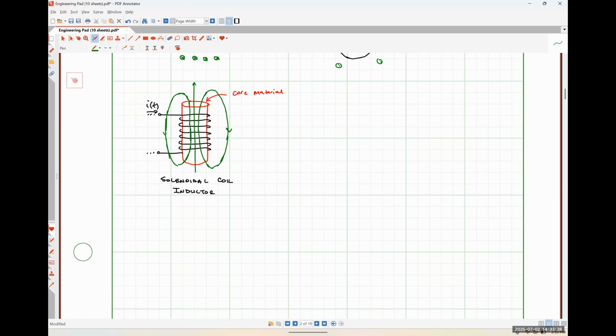If any of you guys have ever opened up your power supply for your computer or any type of electronics, you've probably seen toroidal coil inductors before. I'm going to attempt to draw one here. Once again, we've got our core material. In this case, it's going to be a donut-like shape. This is going to be the interior of that donut shape.